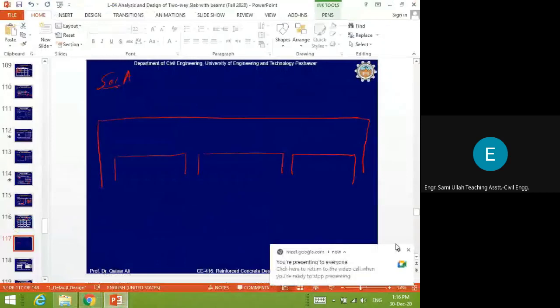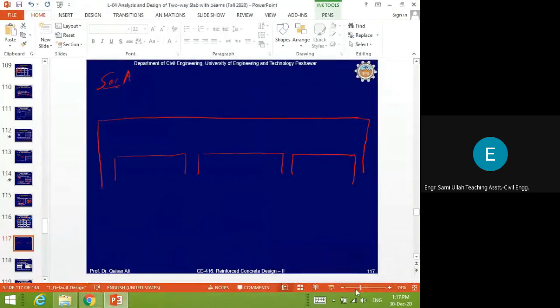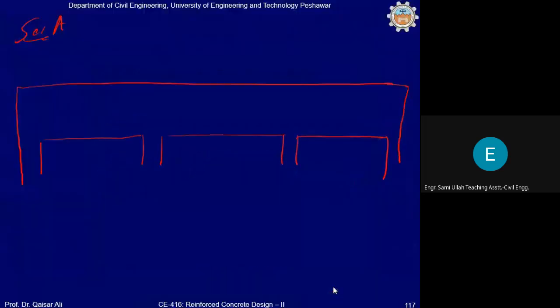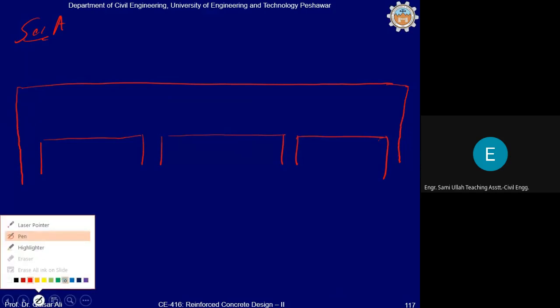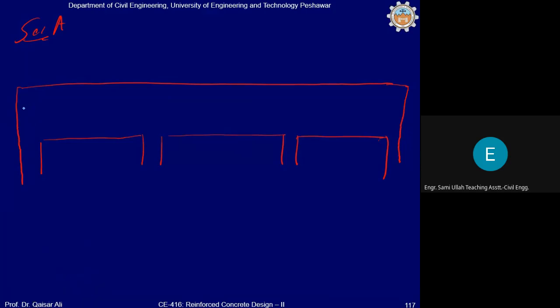Okay. So this is section A. The bottom reinforcement given along the shorter direction is number 4 at 6 inch, if you remember.